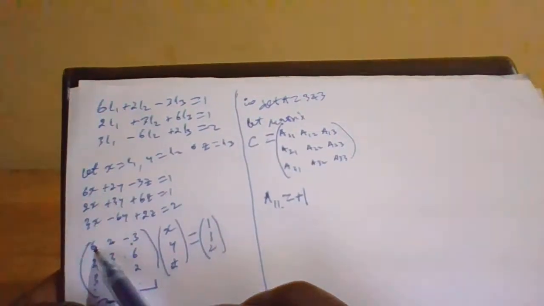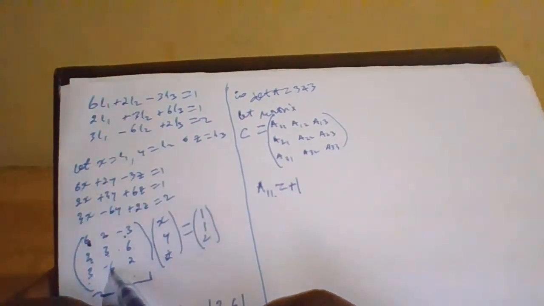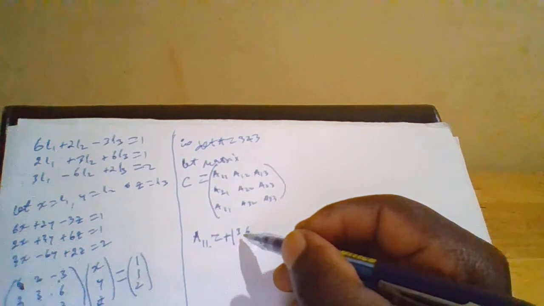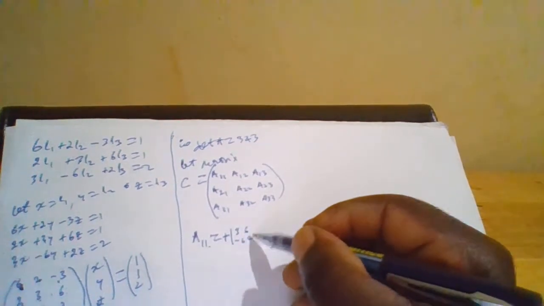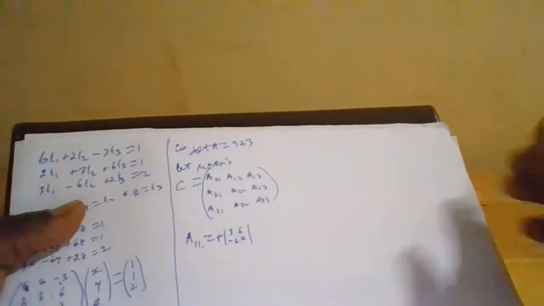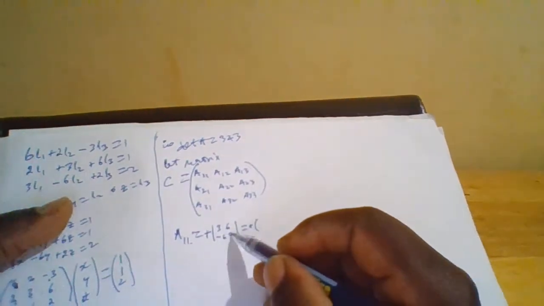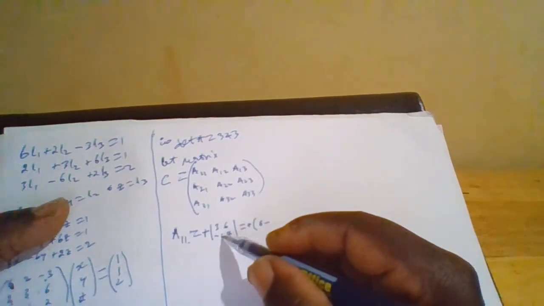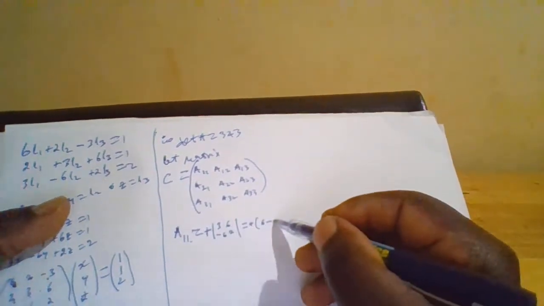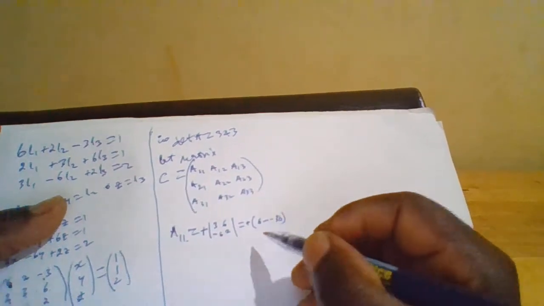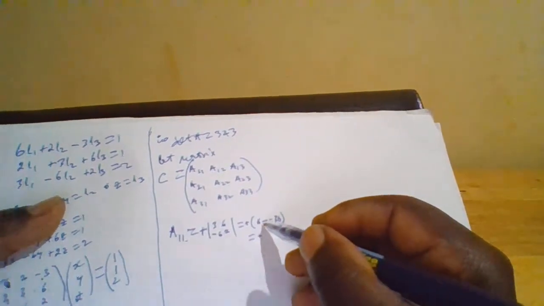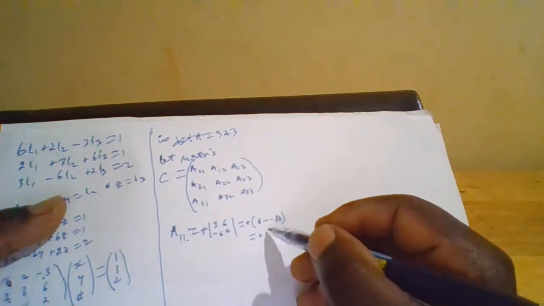Then the minor of this element 6 is 3, 6, negative 6, 2. This equals plus 2 times 3, that is 6, minus negative 6 times 6, minus that 6, so it will be plus, so this is 40.